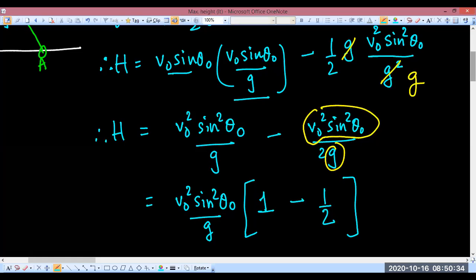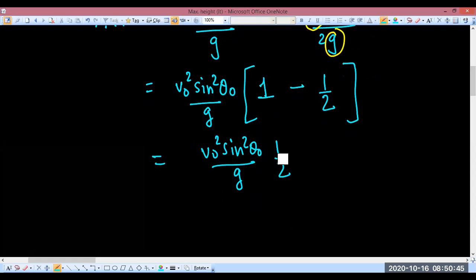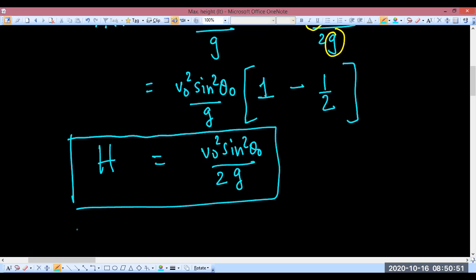So 1 minus 1 by 2 is 1 by 2. So this is your final answer. It isn't written this way, the 2 is written in front. That's it. So this is what you get. Clear? So v0 square sine square theta 0 by 2g.